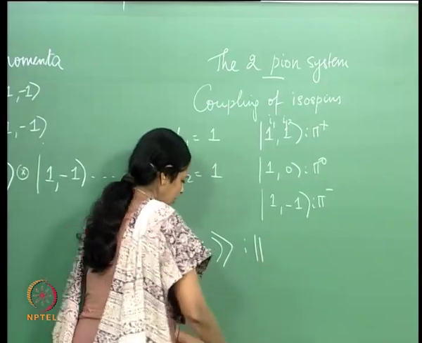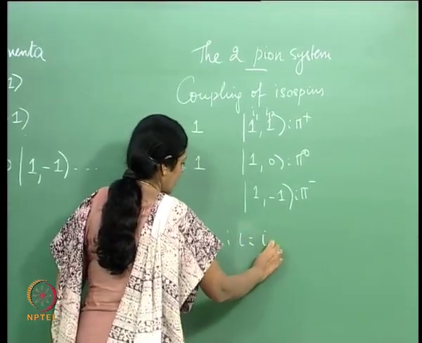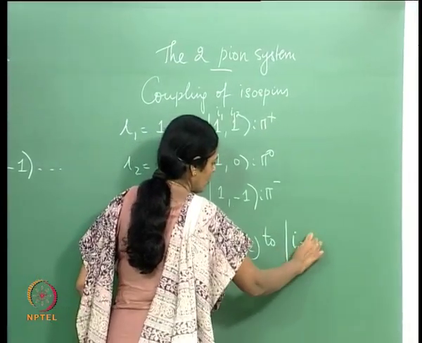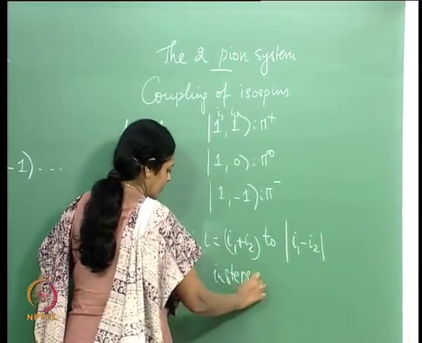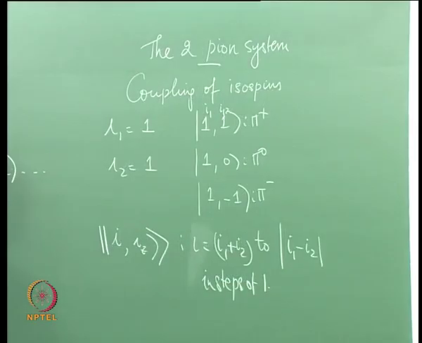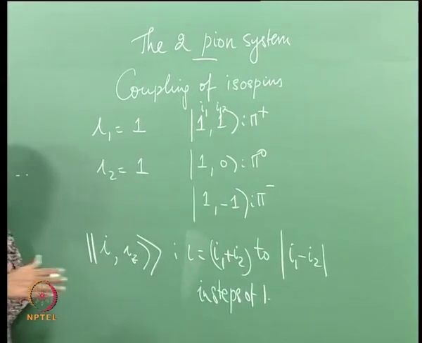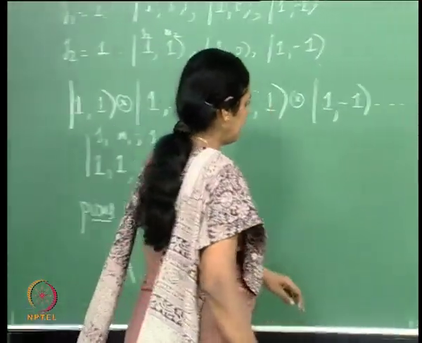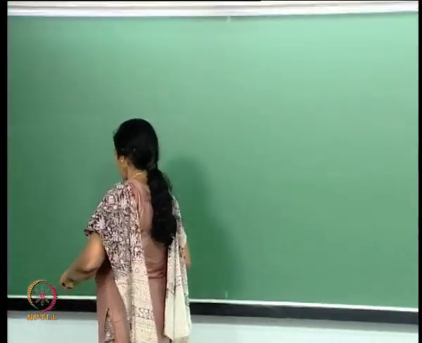I itself takes values I1 plus I2 to modulus of I1 minus I2 in steps of 1. And for a given value of I, Iz takes values minus I to plus I in steps of 1, and that is 2I plus 1 values. So now let us look at the various coupled states in the 2 pion system.